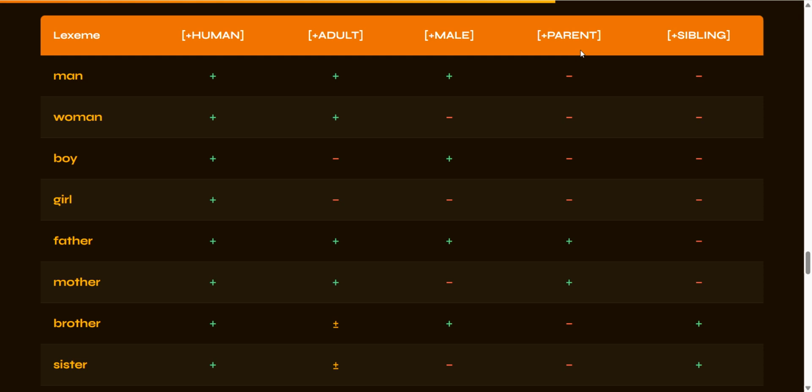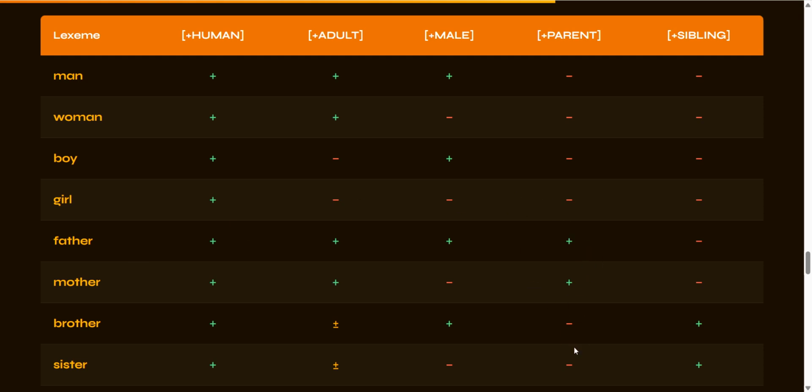Here comes the satisfaction of this plus parent category. Man, woman, boy, girl: you don't know, as there is no mention of parents, so it is negative for them. For father and mother, parenthood is being shown, so it's plus for them.